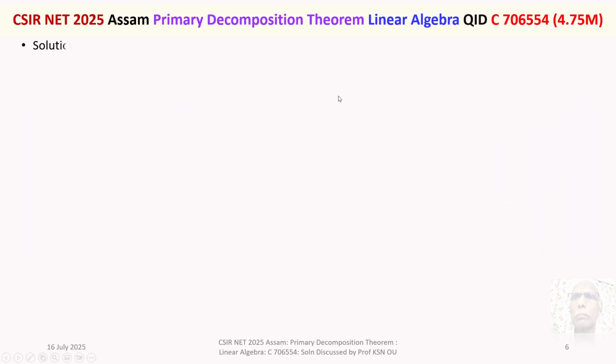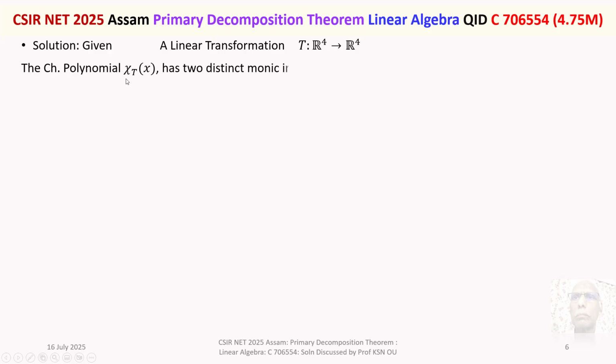Let's now discuss the solution of the problem in detail. We are given a linear transformation T. It is an R linear transformation T from R power 4 to itself. We are given the characteristic polynomial chi T of x has two distinct, they are different, monic, the leading coefficient is 1, irreducible, quadratic factors q1 of x and q2 of x.